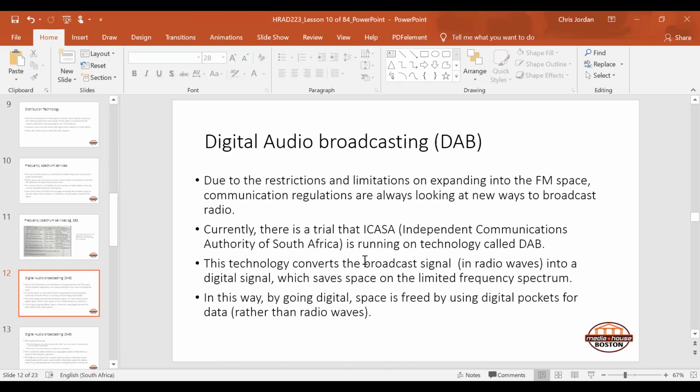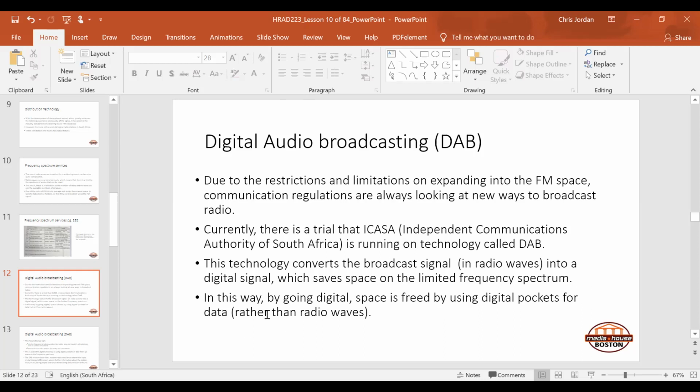Where technology converts the broadcast signal in radio waves into a digital signal, which then saves space on the limited frequency spectrum, which we have just seen in the video, maybe a couple of hundred, maybe over 1,000 frequencies that are available out there across the spectrum of the FM line, for example.